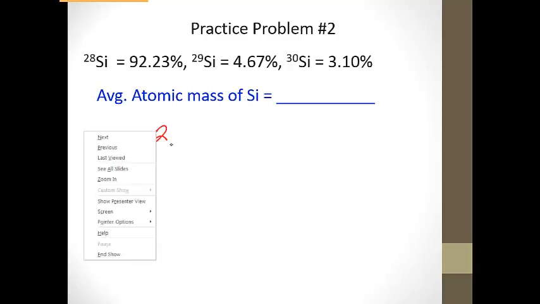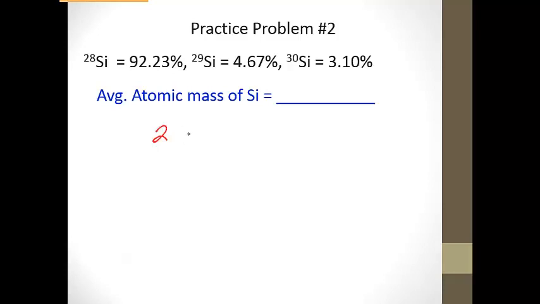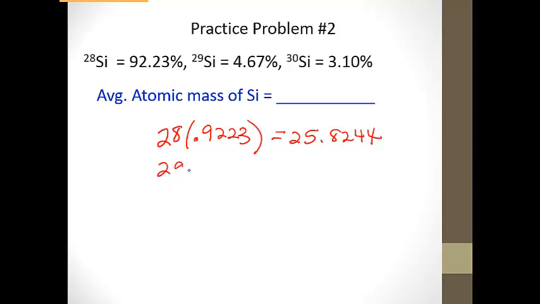So we're going to take our mass of 28 and multiply that by its abundance of 0.9223. And that gives us 25.8244. We're also going to take our mass of 29 for this one here, and its abundance is only 4.67%, so that's 0.0467.